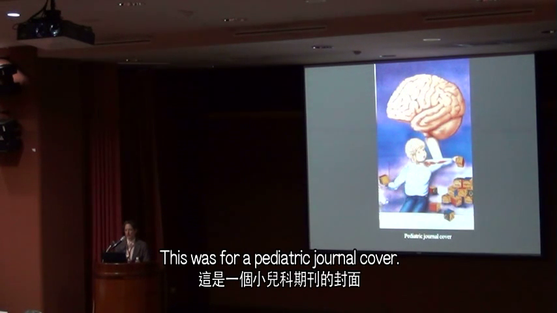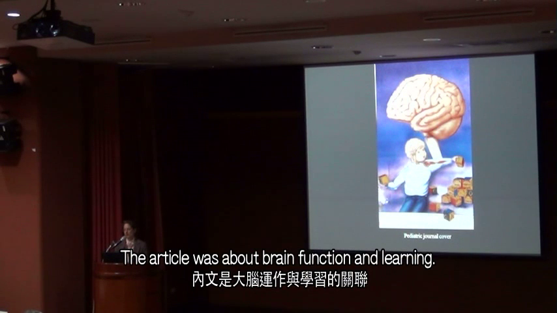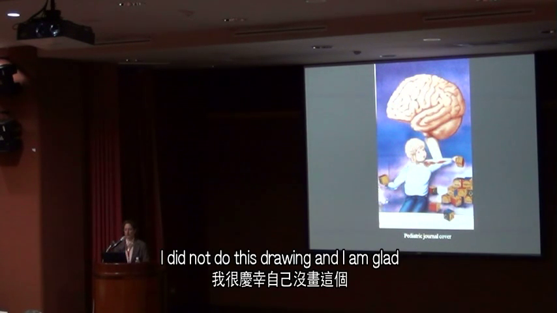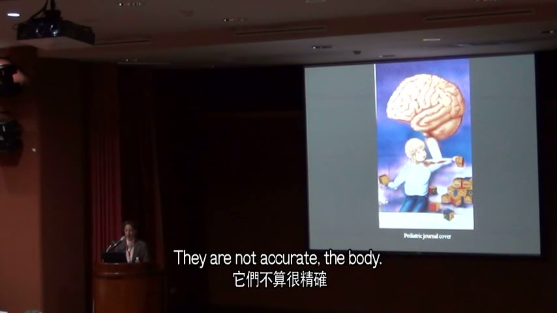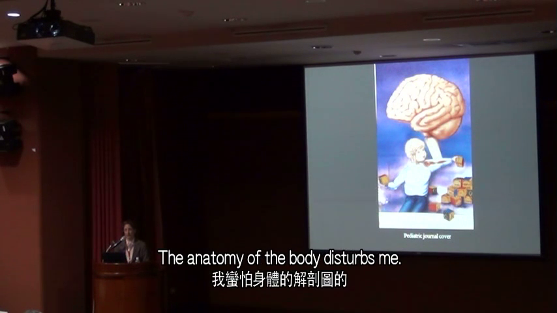This is for a pediatric journal cover. The article was about brain function and learning. I did not do this drawing, and I'm glad because the muscles in the arm disturbed me. They are not accurate. The anatomy of the body disturbs me.